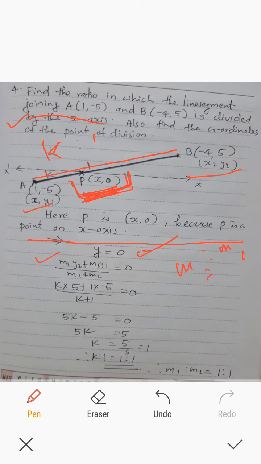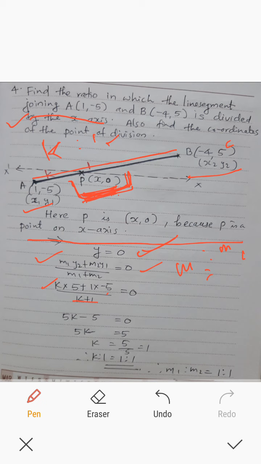By the section formula, y is (m1 y2 plus m2 y1) by (m1 plus m2), which is 0. Substituting m1 is k, y2 is 5, m2 is 1, y1 is minus 5, divided by m1 plus m2 which is k plus 1.